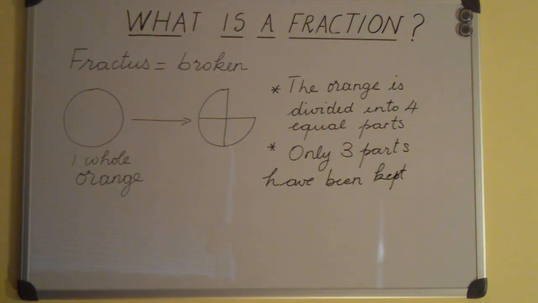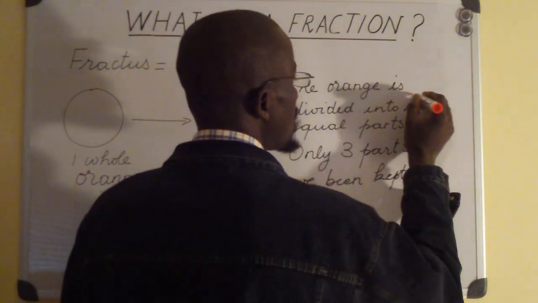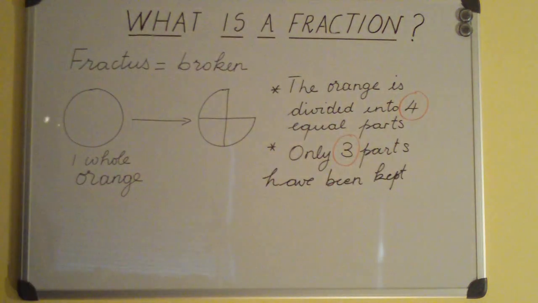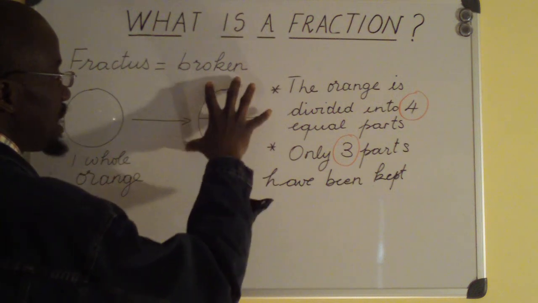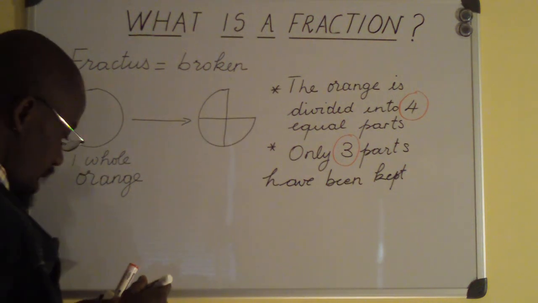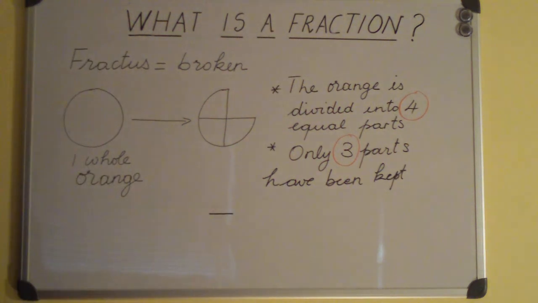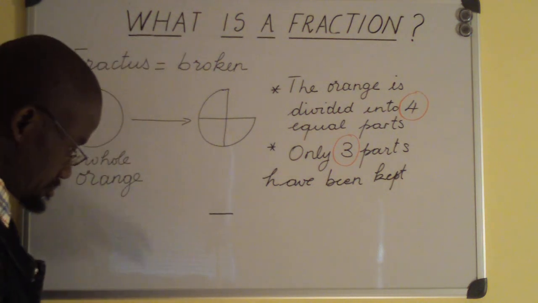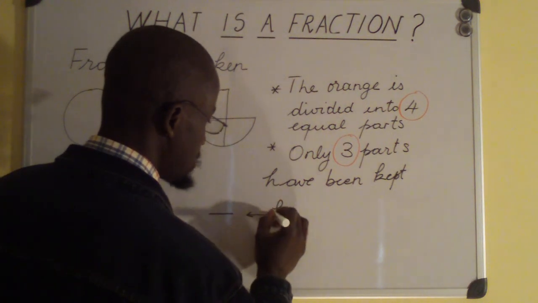So now that I've answered these 2 questions, and the answers are 4 and 3, now I can use these answers to quantify the amount of oranges left here. Now, in order to do that, I draw a short line, and this short line here is called the fraction bar.